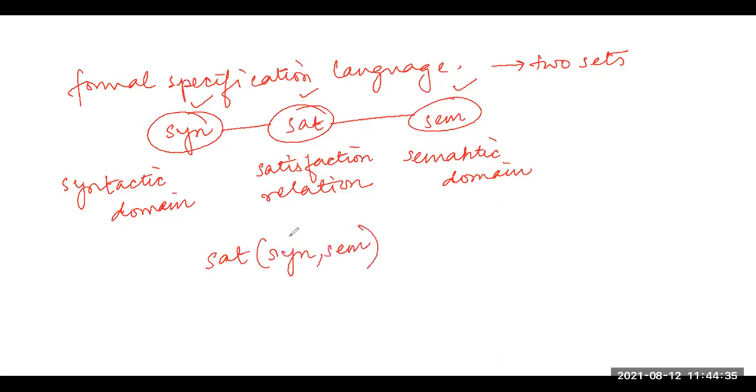This means that whatever the specifications have been specified, the model has been implemented, and yes, there is a relationship between the two. That is, the specification satisfies the semantic domain, and there is a satisfaction relation between the two. So this is the way we refer to these things.